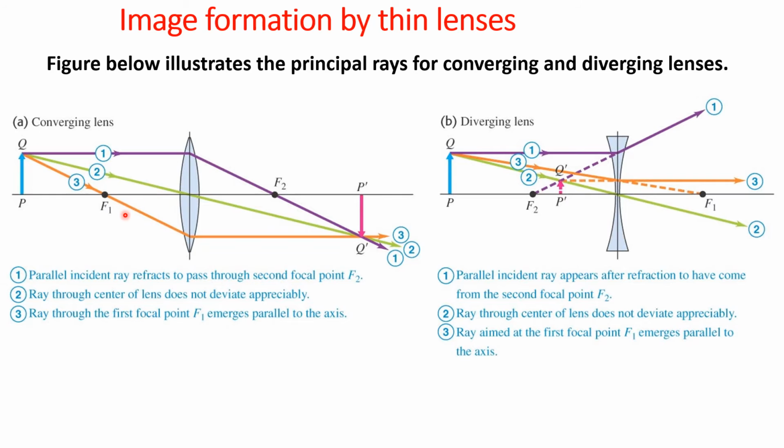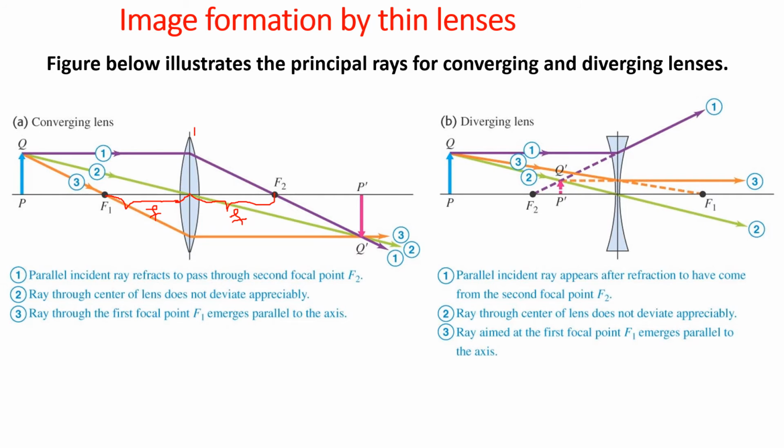We need to calculate the focal distance, and if the focal distance is well calculated, the point on the principal axis, which is at a distance equaling the focal distance, is called the focal point. Then the converging lens has two focal points. There is focal point 1 to the left of the lens, and a focal point 2, f2, which is to the right, or means on the other side of the lens.